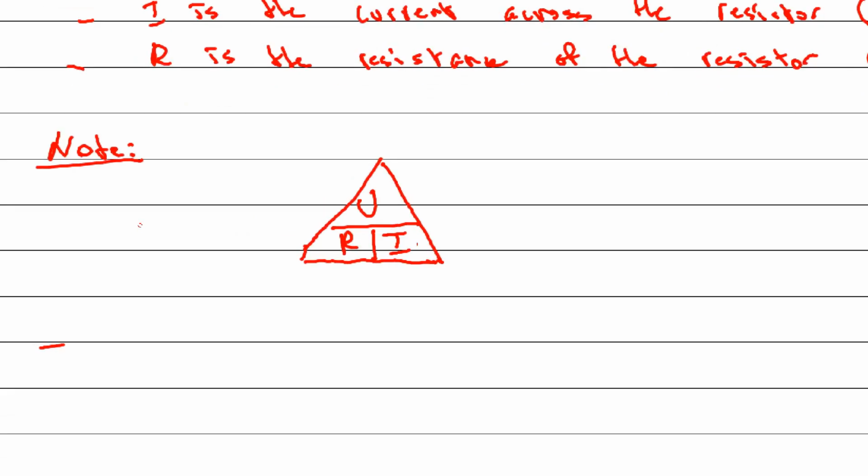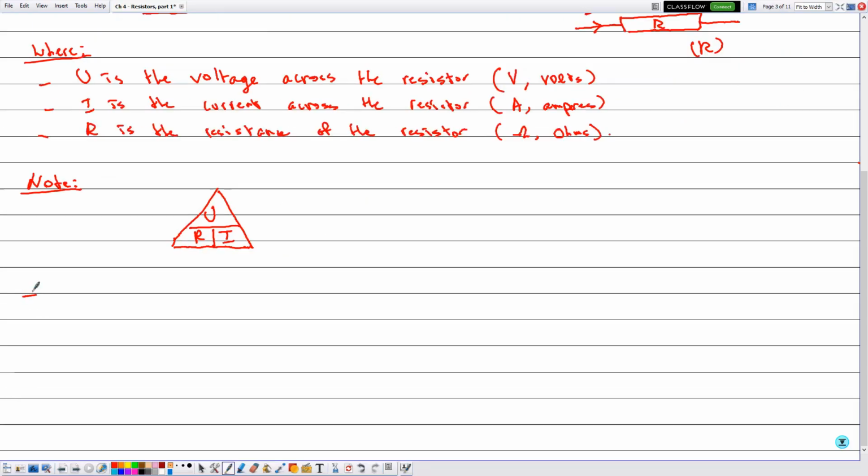Now notice that because U is at the top and R is at the bottom, we say that U and R are directly proportional. What does this mean? When U increases, I increases, and this is because U and R are directly proportional.